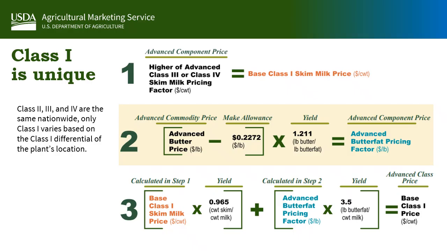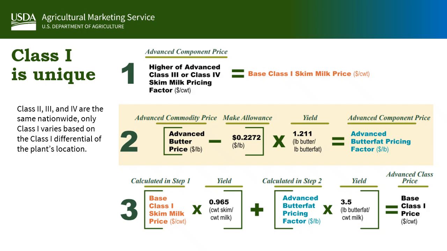So, for June, we would use the average of the 2 weeks of May before the price was announced on May 23rd. To find the advanced base Class 1 price, we first find the advanced butterfat price by taking the advanced butter price, subtracting the make allowance, and multiplying it by the yield.